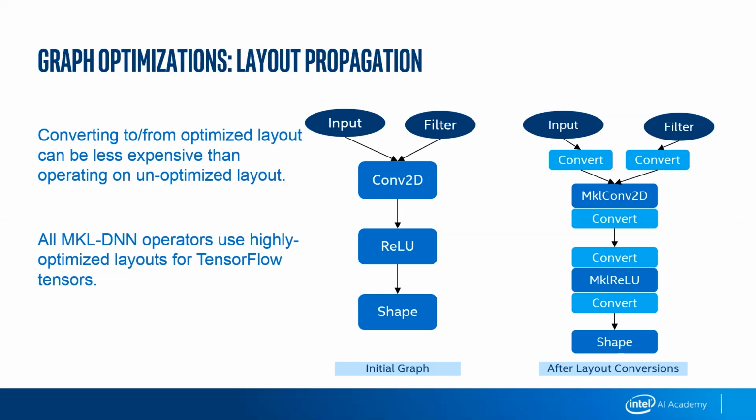The operators that MKL-DNN uses all use optimized memory layouts. So MKL-DNN in general uses all these optimized layouts, which are fine-tuned for the CPU at the end of the day. All right.